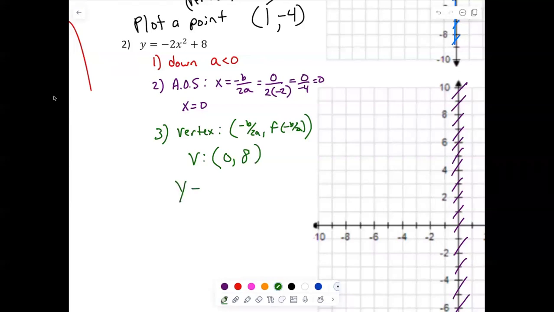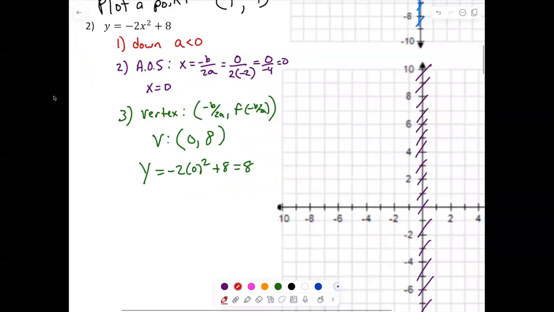Well, y equals -2 times 0 squared plus 8. What's 0 squared times -2 plus 8? There you have it. Does everybody agree with that? Now we got to plot our point 0, 8. So everybody goes up to 0, 8. Plot a point.